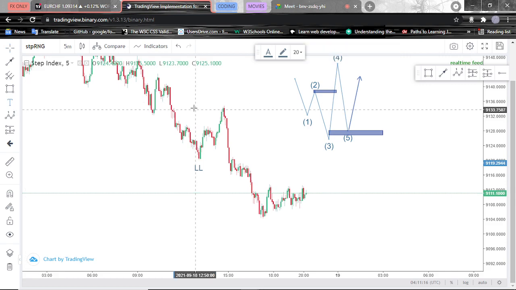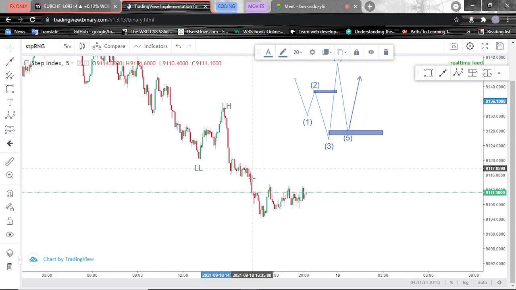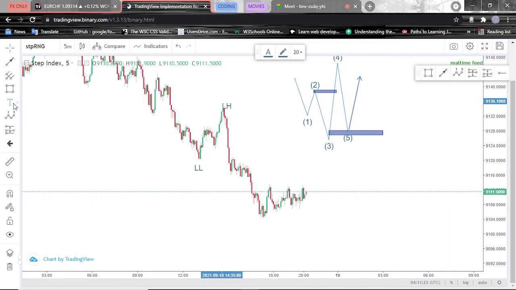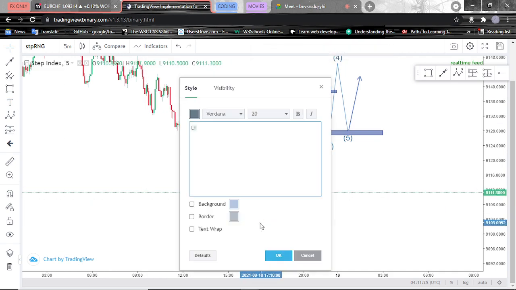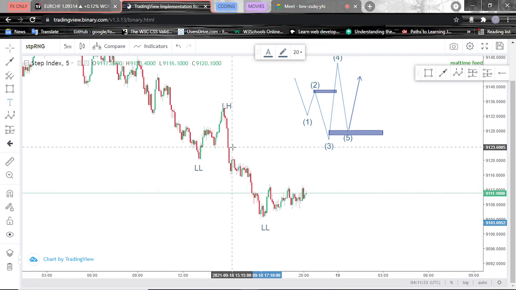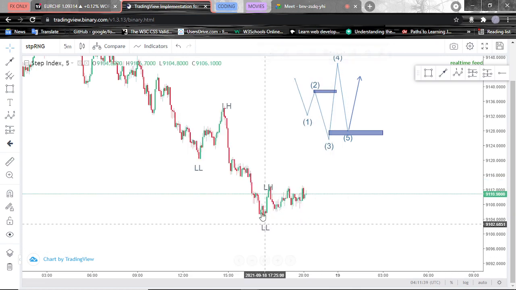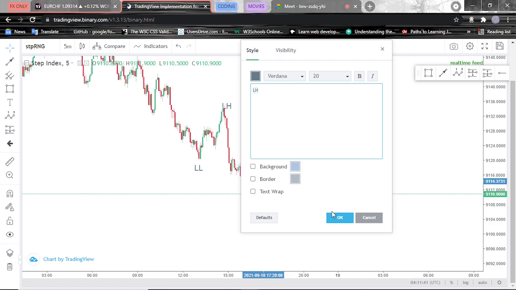Then this is the lower high, right? Normal technical analysis. So what again? Lower low. So once the market breaks this previous high, then we know that that's the break of structure. Then the market is ready to give us new higher highs and higher lows to look for buy opportunities.